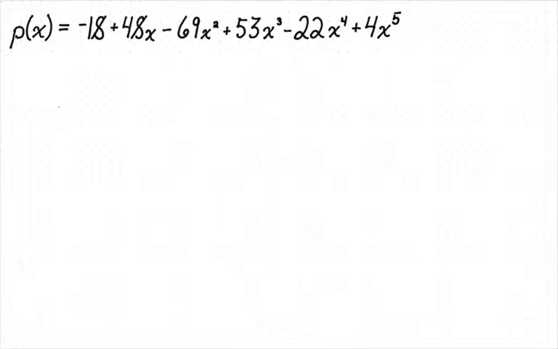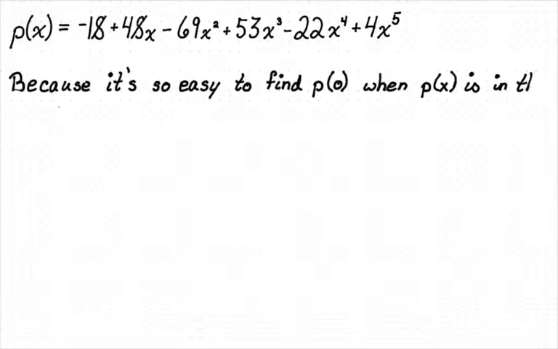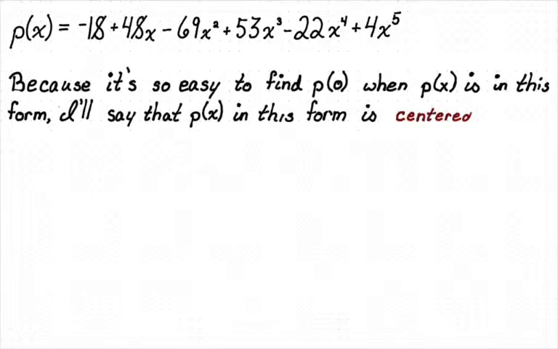So we have this same polynomial, and because it's so easy to find p of 0, I'm going to call the polynomial, when it's written in this form, p of x centered at 0. Because it's so easy to find that value when x equals 0.